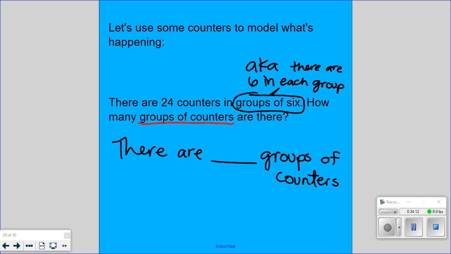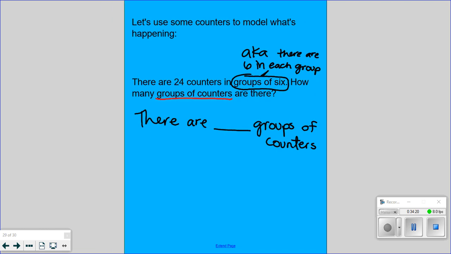All right. Pick up 6 counters. Pick them up. Hold them in your hand. Six counters.